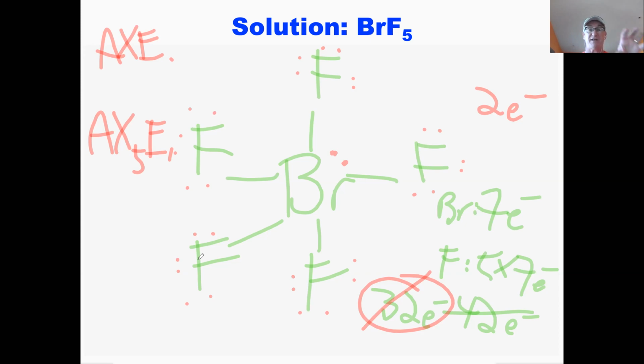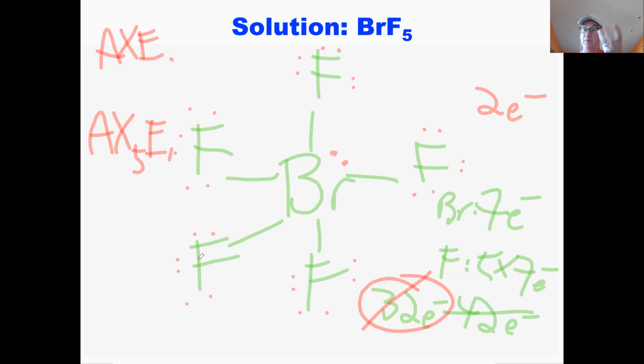So is the shape octahedral, though? The shape would be square pyramidal.